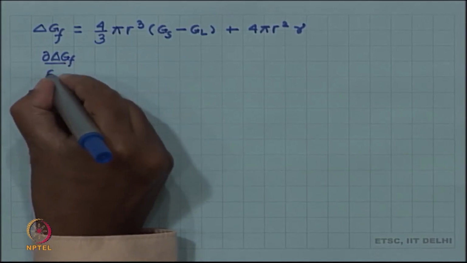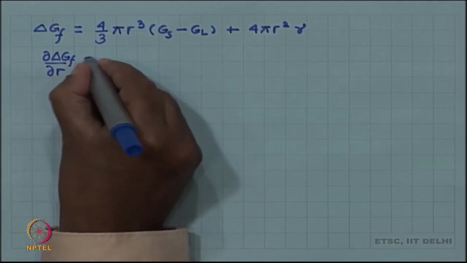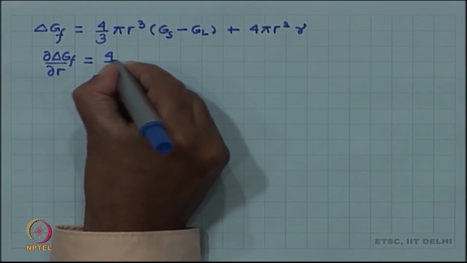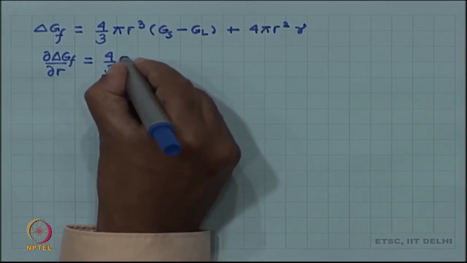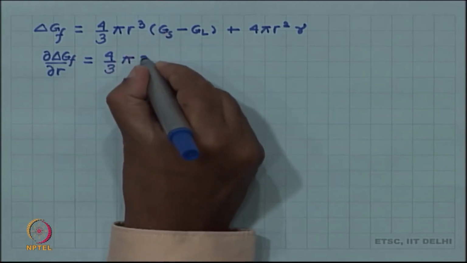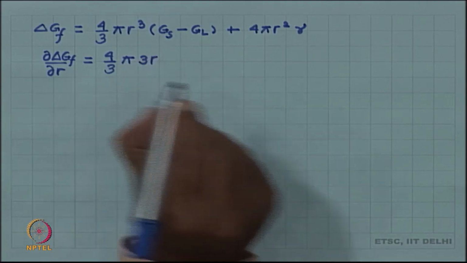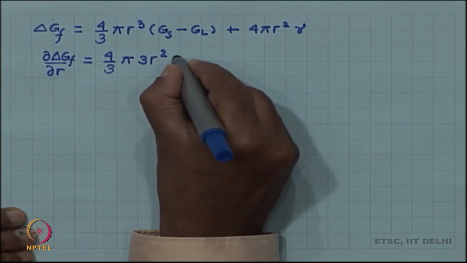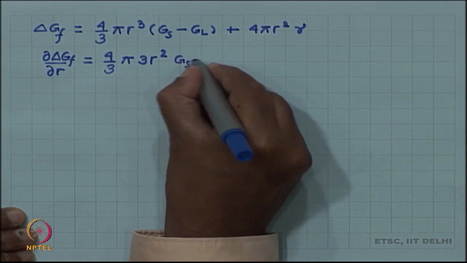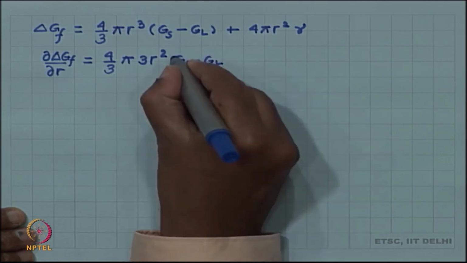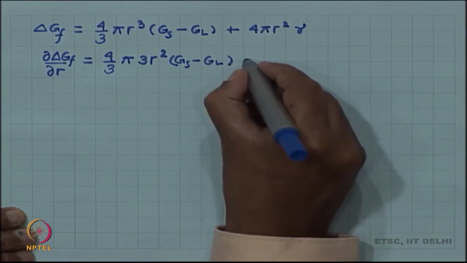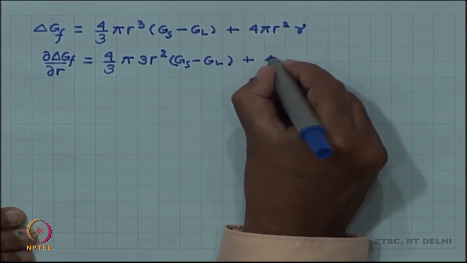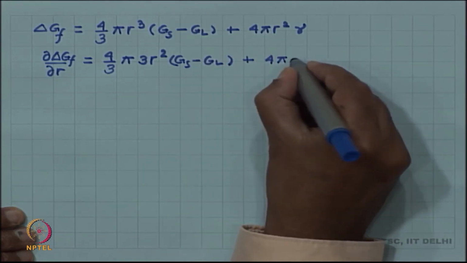If we differentiate this expression with respect to R, then we get 4 by 3 pi, differential coefficient for R cube will be 3 R square, Gs minus Gl, and 4 pi.